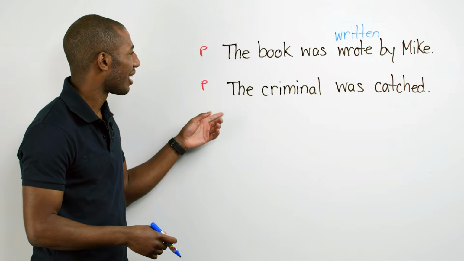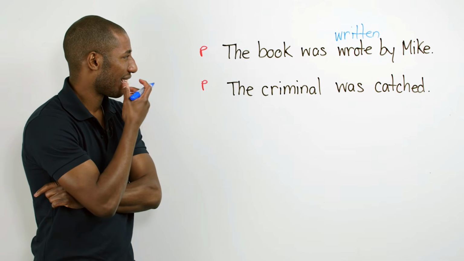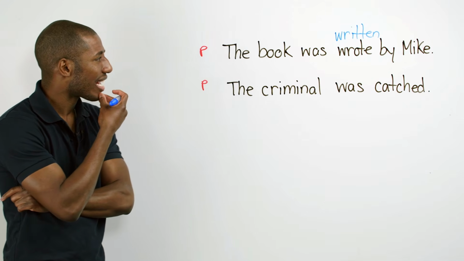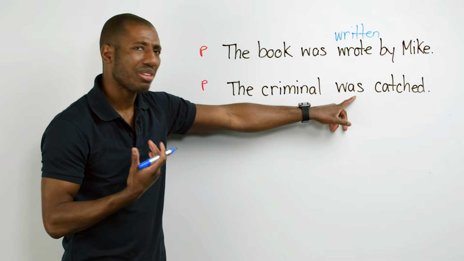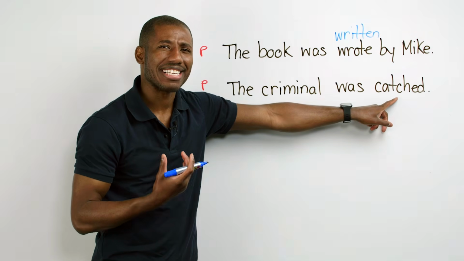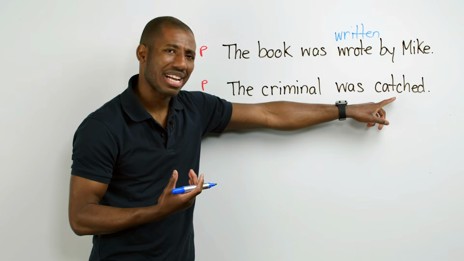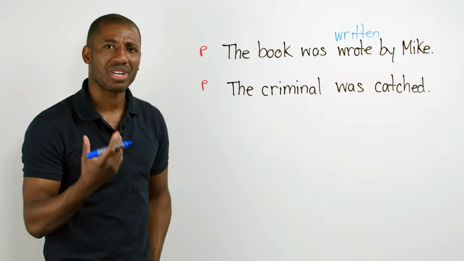Our next one, the criminal was catched. Again, I see that we have our to be verb, which is was, and that feels right. But there's something about catched that doesn't. This may not be the right past participle. So let's think about the word catch.